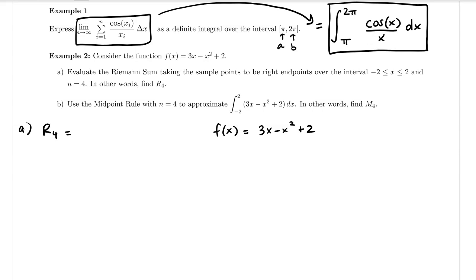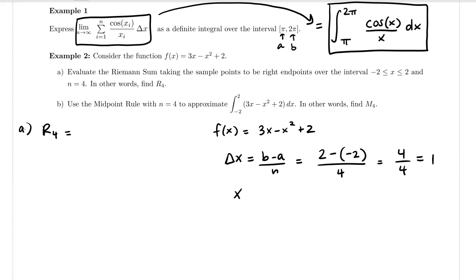As a next step, let's go ahead and calculate delta x. So delta x is equal to (b minus a) over n. In this case, our b value is 2, our a value is -2, and our n value is 4. So 2 minus -2 is 4, and we get that our delta x is equal to 1.